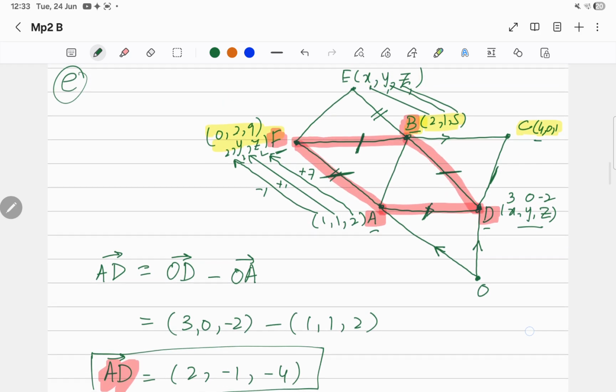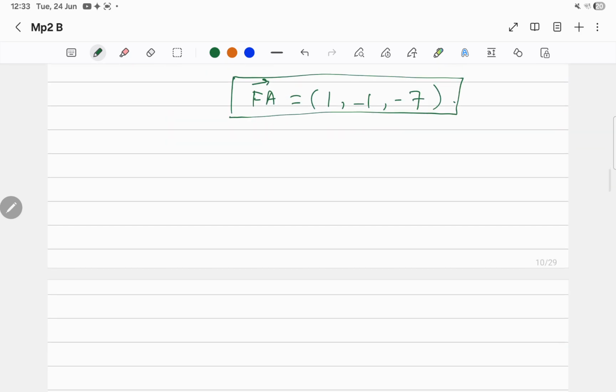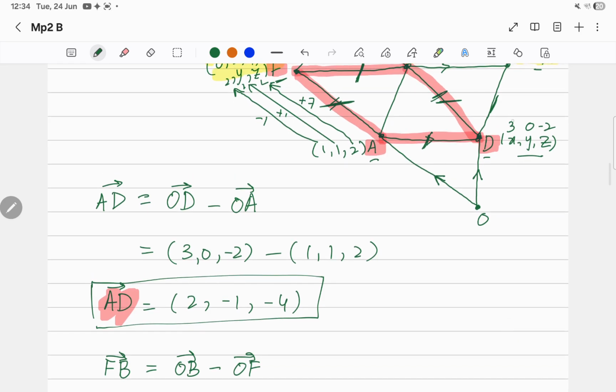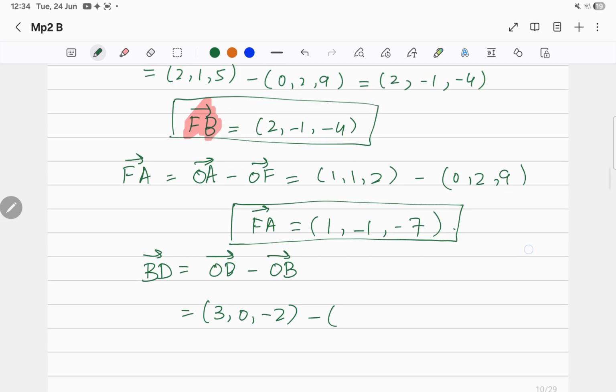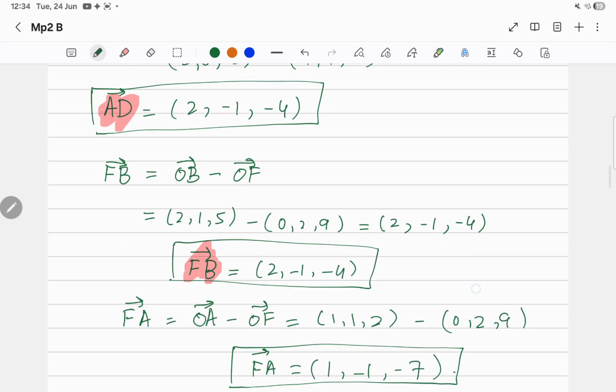Now let's work out this BD. So BD will be OD minus OB. So the position vector OD is this one, 3, 0 and minus 2, minus OB, which is 2, 1 and 5.